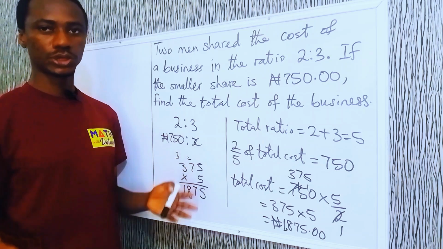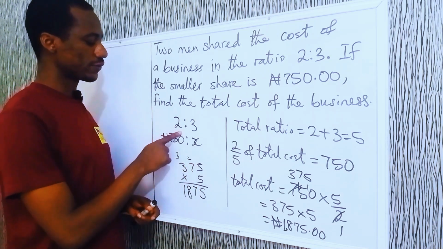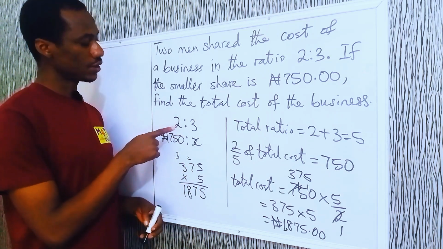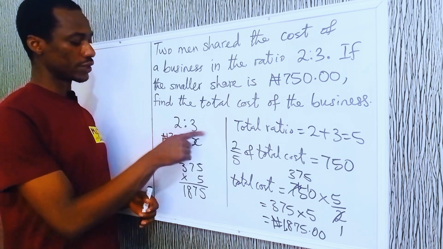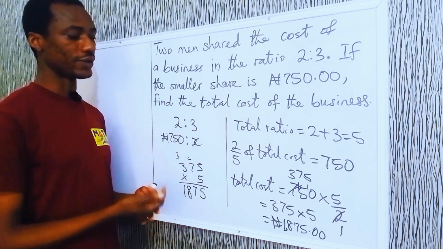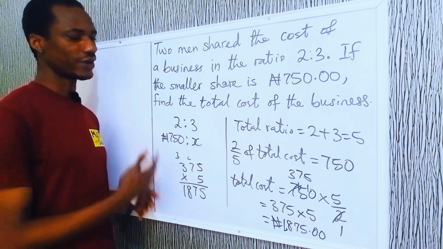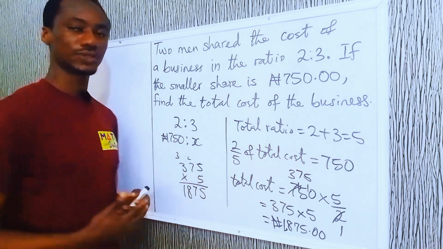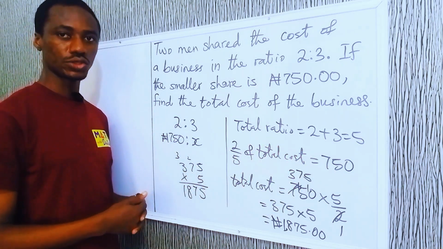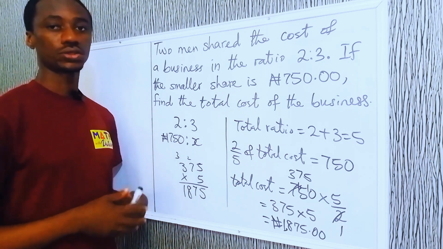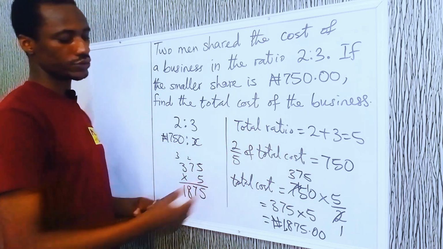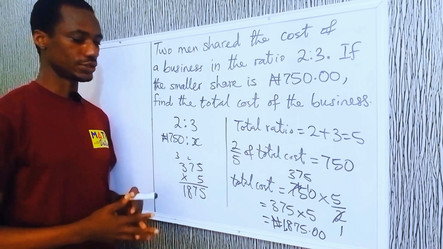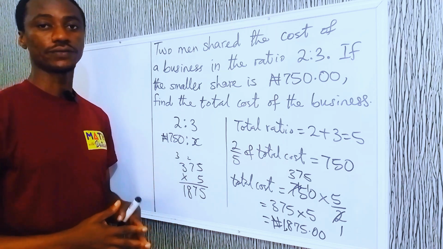All right, so what did we do? We looked for the fraction of the smaller share by doing the ratio over the total ratio. That's 2/5. And then we know that it's 2/5 of the total cost that gave us 750. So for us to know the total cost, we flip the fraction times the quantity, and that gave us 1,875 naira.